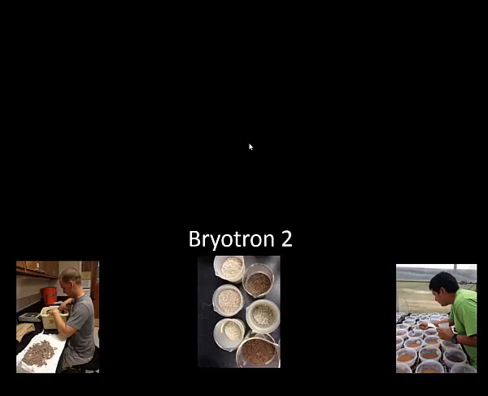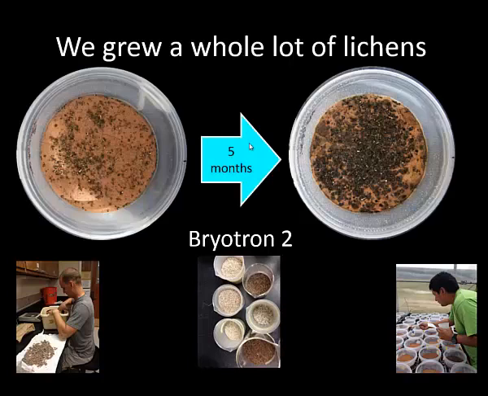We cleaned them up as best we could, let them dry gently, and then ground them up into crumbled inocula, and then spooned them onto the surface in different treatments. Again, I'll just give you an upshot here. This is so cool. In 5 months, we got a whole pot full of lichen from this.